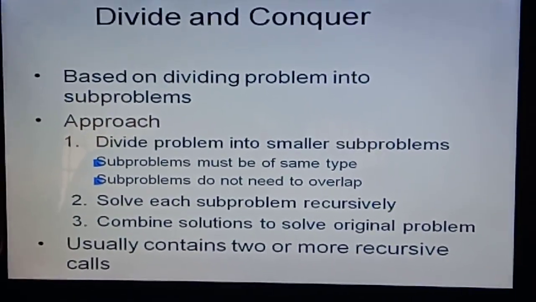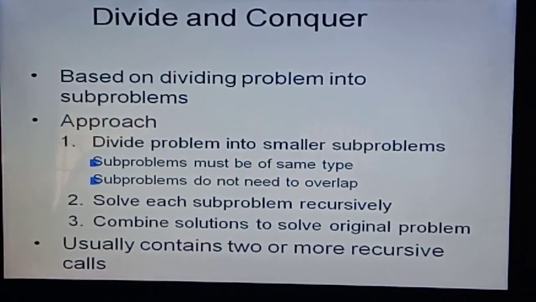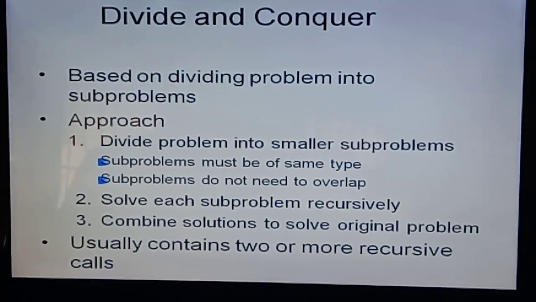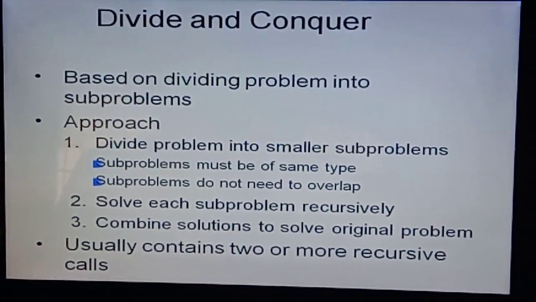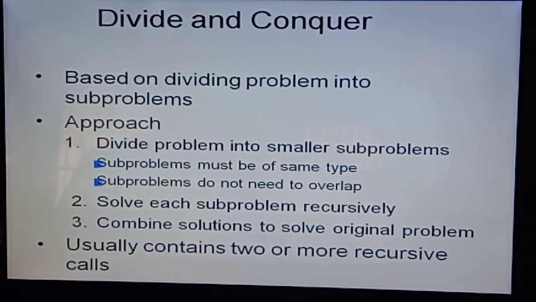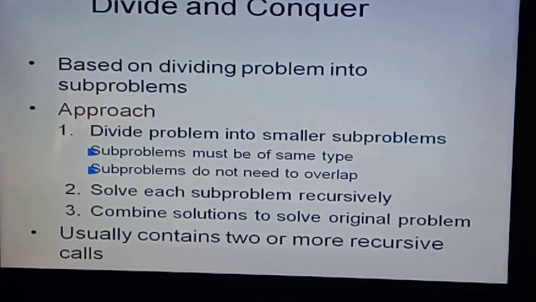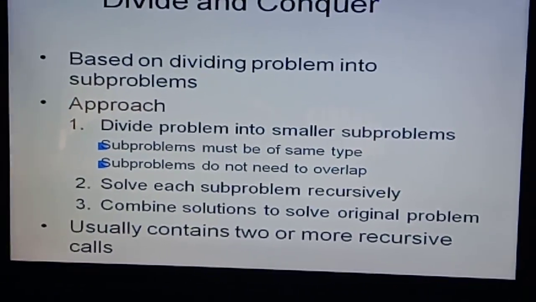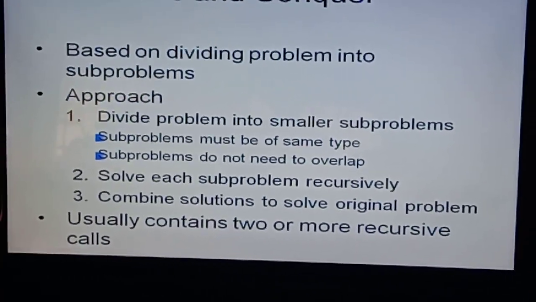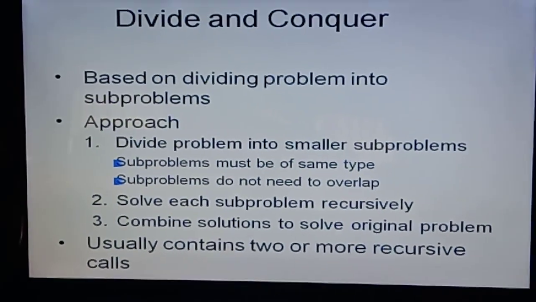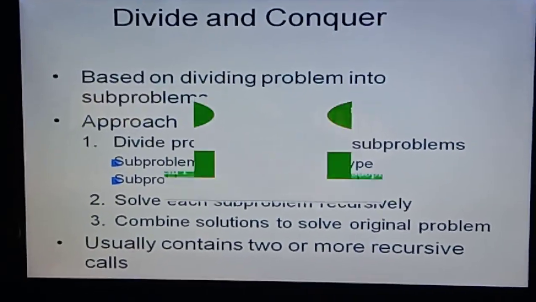That is, we should not use one subproblem's result as input to another subproblem. They are independent, no overlapping, but the subproblems should be solved using a similar approach. Solve each subproblem recursively. Combine the solutions to solve the original problem. Usually contain 2 or more recursive calls for solving.